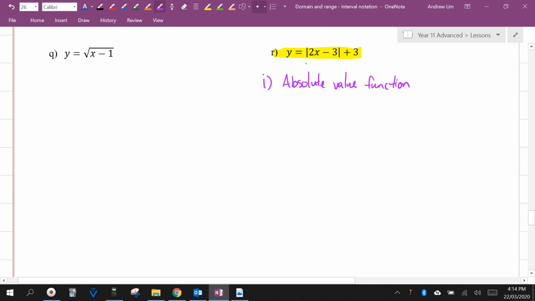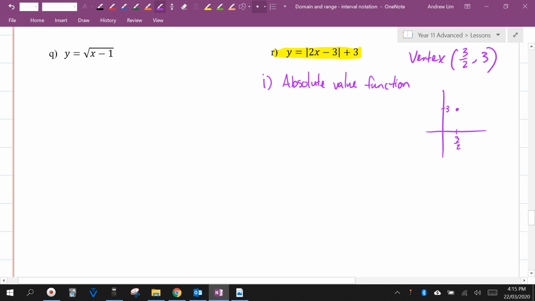When we draw this, the vertex is going to move to the right to positive 3 over 2, and the graph is going to shift up 3. So that is 3 over 2, and that's 3. The vertex is going to be here.